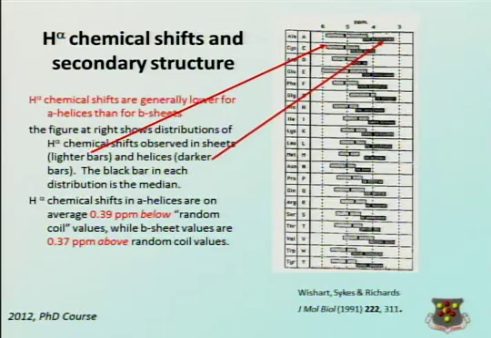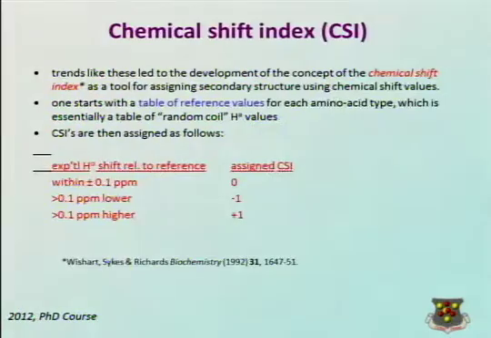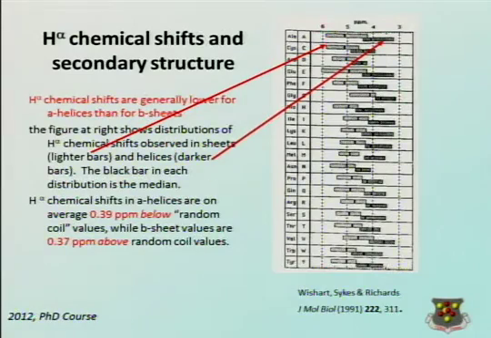So this is an observation that's more than 20 years old, and originally this so-called chemical shift index was proposed, where the idea is that, for example, you look at the H-alpha chemical shift, this sits in different ranges if that residue is in a beta sheet or in an alpha helix.